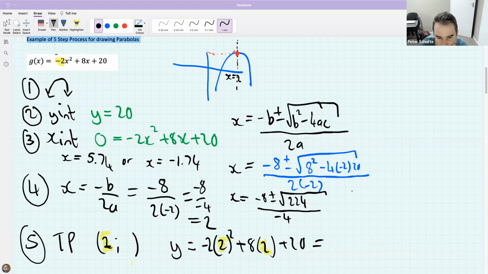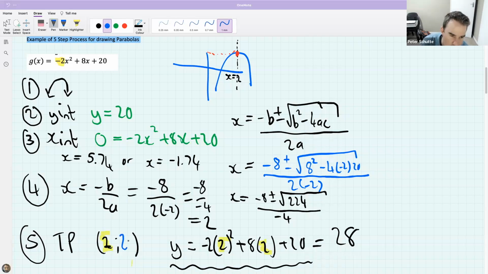So we get minus 8 plus 16, and can you find me this thing here? And you should get 28, which means that the turning point for this parabola is the point (2, 28).